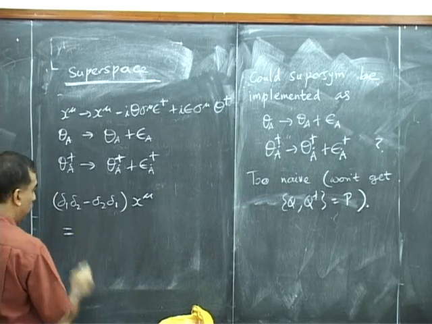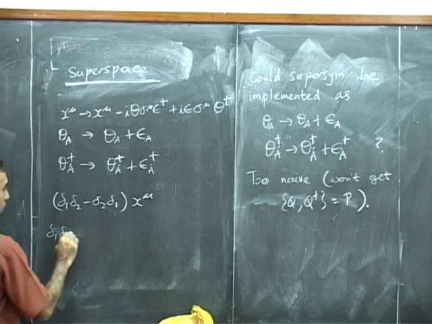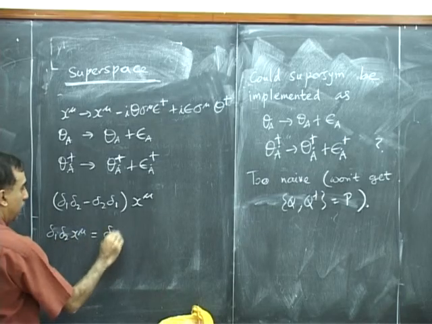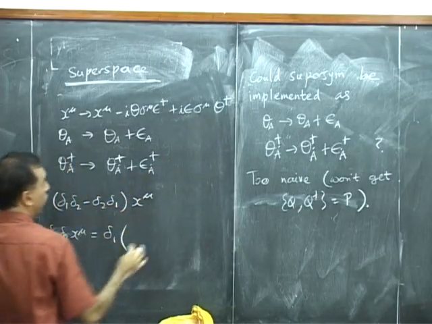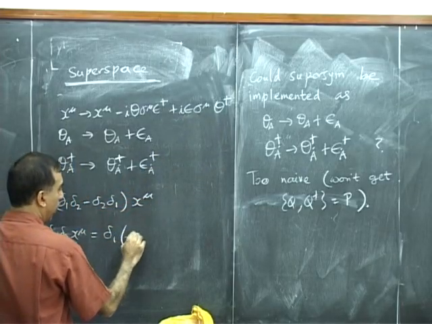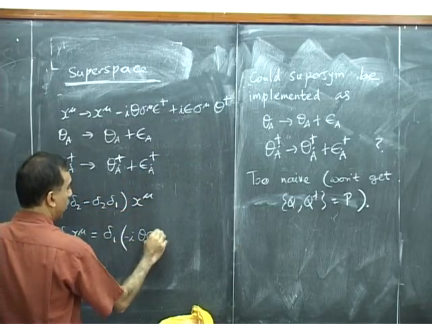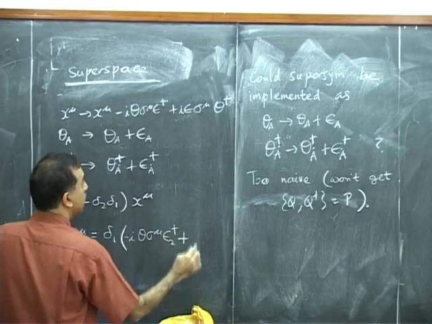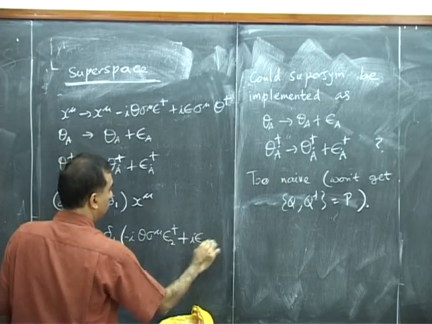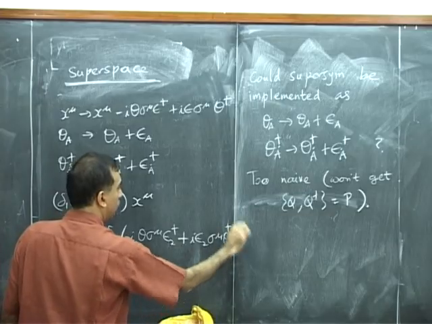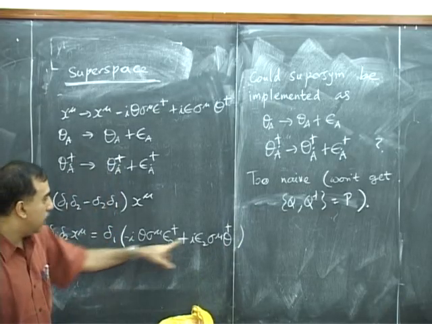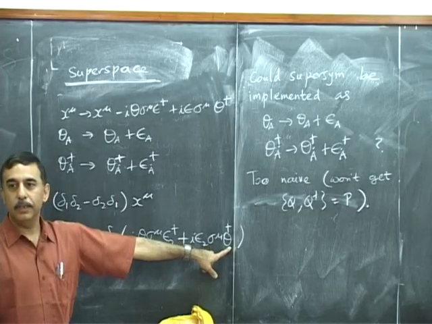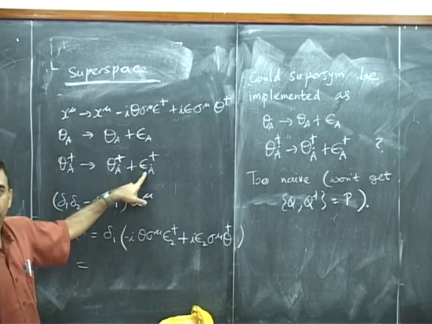So again, as usual, I'll do first delta 1, delta 2, and then I'll subtract what I get from the other side. It's delta 1 of delta 2 x, which is this stuff with epsilon 2 in it: minus i theta sigma mu epsilon 2 dagger plus i epsilon 2 sigma mu theta dagger. Now I do delta 1, and I notice that the only things left are thetas, and they are going to be translated.